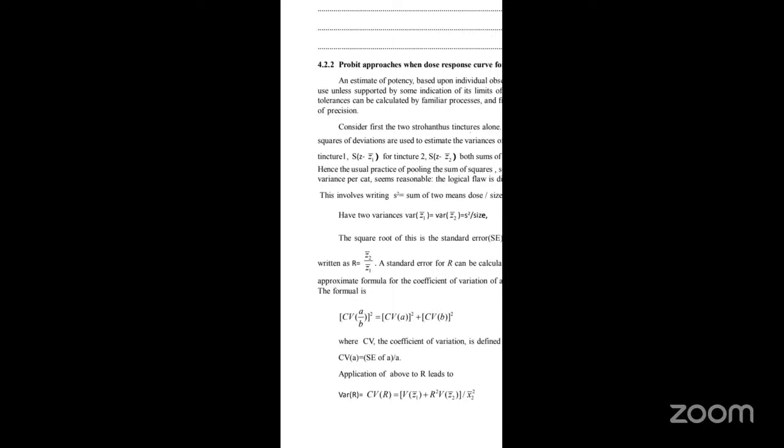Standard errors of the mean tolerance can be calculated by the familiar process, and from these must be derived a measure of precision. Consider first the two tinctures alone, writing Z as a typical dose.